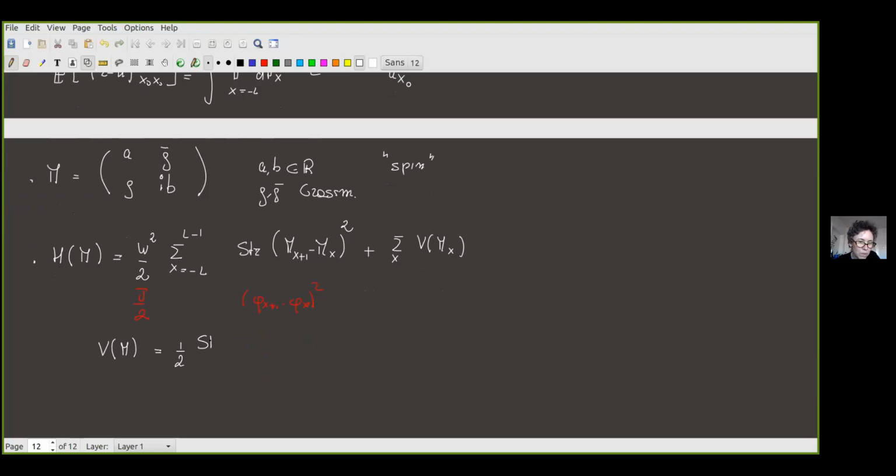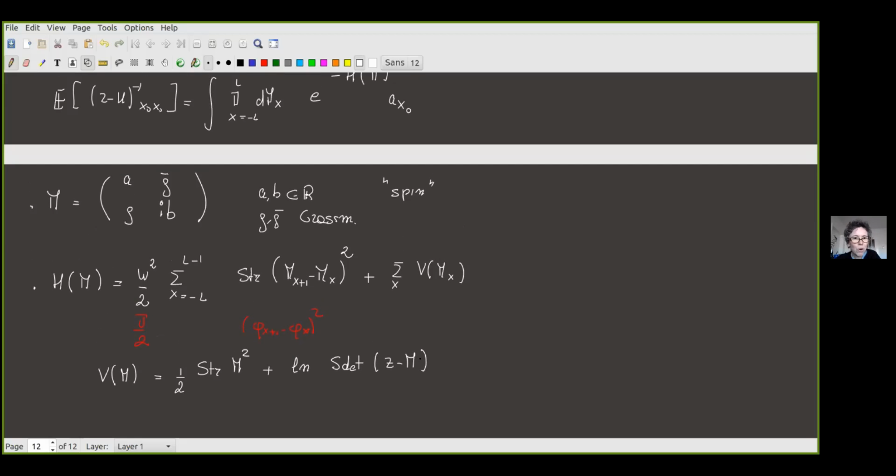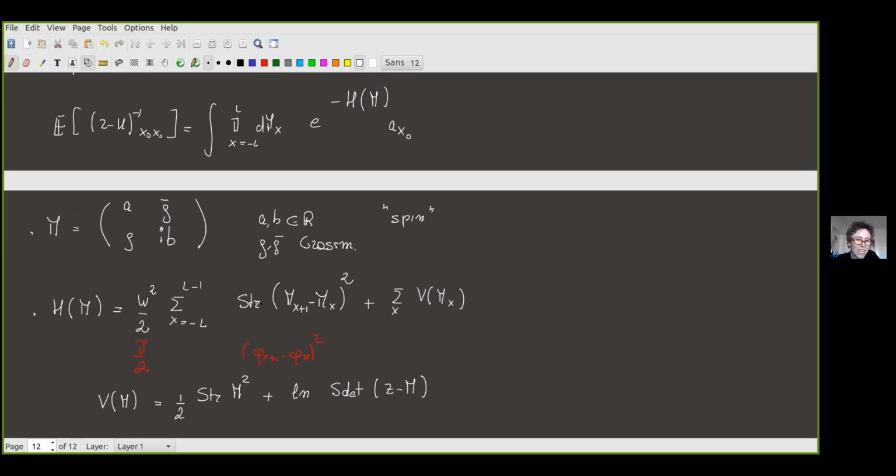It's the super trace, I'm sure I forgot something, M squared, no, it should be correct, plus the log of the super determinant, now I write super determinant because it's a super matrix, of E minus M. Okay, so we still have a kinetic term here and a potential term here.